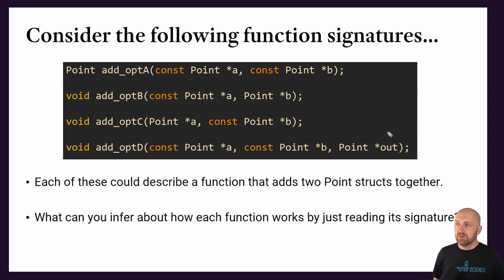So notice that here, for the simple idea of adding 2 points together, we've got 4 options. And we could have done this without pointers, and we could have done this with point parameters that are value types that would have actually copied each of the members into each of our parameters. And that would have been another way of writing some additional functions.